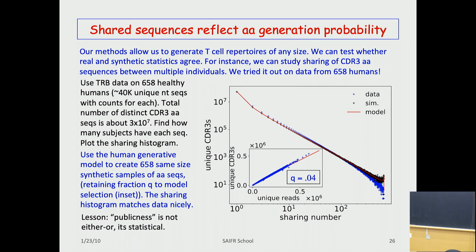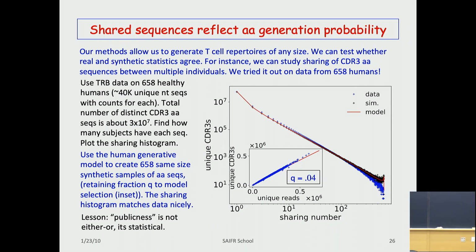As I increase the number of unique nucleotide reads, the number of CDR3 reads increases, and the red line is what I get from my generative model with throwaway factor Q equal to 0.04. And the blue crosses basically take the real data set and ask the same question for different numbers of sequences picked out of the real data set.